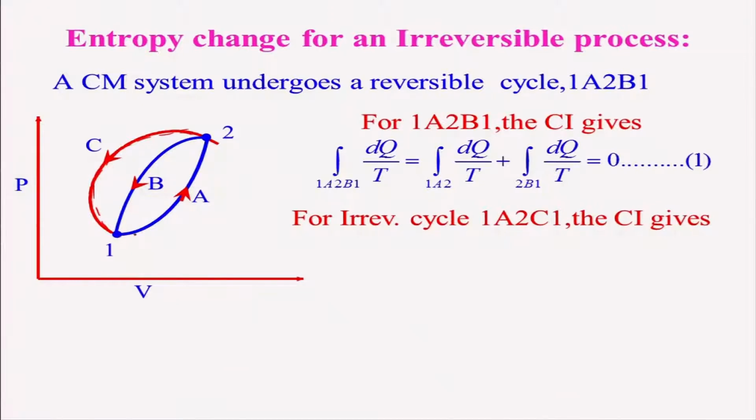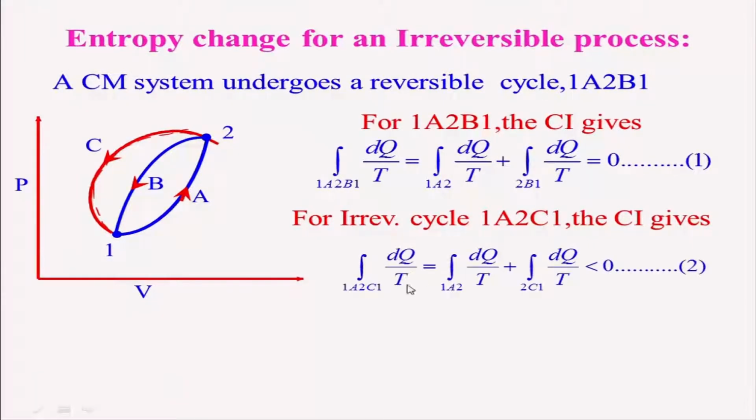The cycle is 1A2C1, and we can apply the Clausius inequality: dq by T for the path 1A2 plus dq by T for the path 2C1, which is the irreversible path. Of course, 1A2 is the same reversible path. So that cycle becomes irreversible. Any one path being irreversible means the cycle will be irreversible.